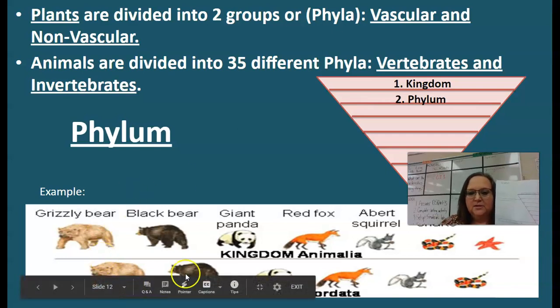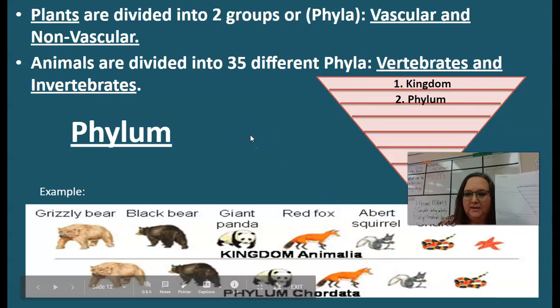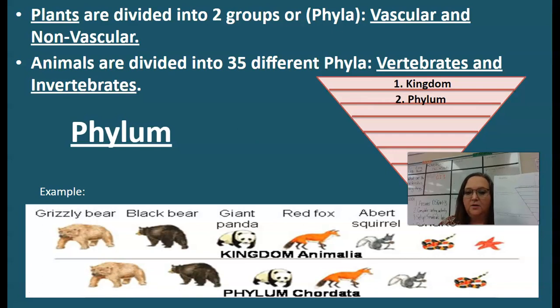If you notice the example down here at the bottom, this one is phylum Chordata. So we still have the grizzly bear, the black bear, the giant panda, the red fox, the squirrel, and the snake. The sea star does not go in Chordata phylum because it doesn't have a backbone. Chordata phyla only have backbones.